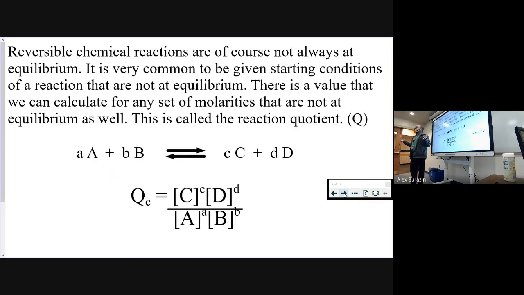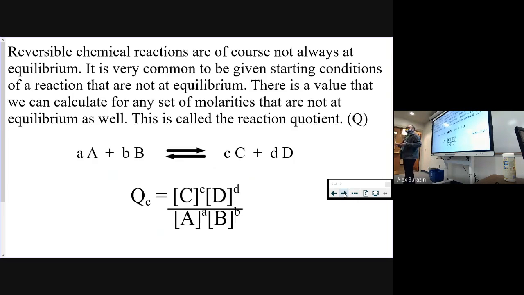Why do we need two of them, right? If the math's the same, why are there two things showing the same math? Because our reaction is either at equilibrium, K, or not at equilibrium, Q. So we mathematically set up this ratio, products versus reactants.